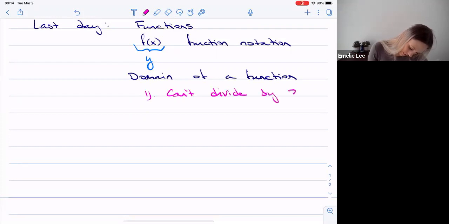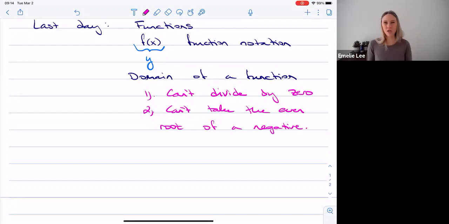So can't divide by 0. And we can't take the even root of a negative. What does this translate to? When you see a function and I ask you to find the domain, it means you're going to scan this function. Is there any division?